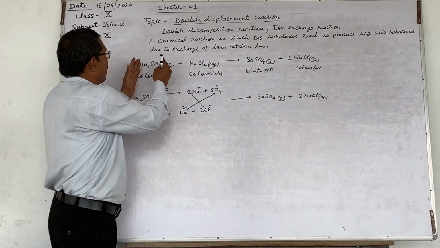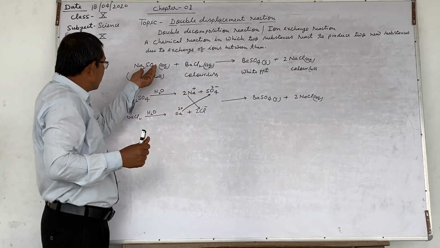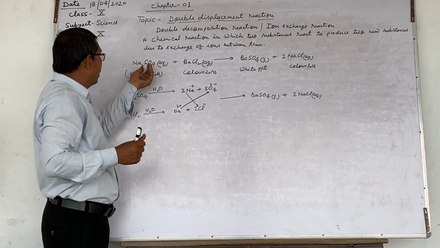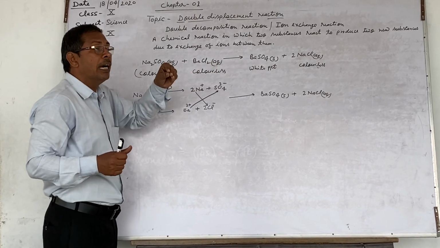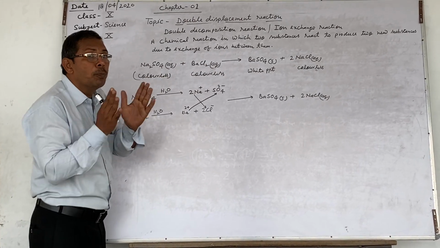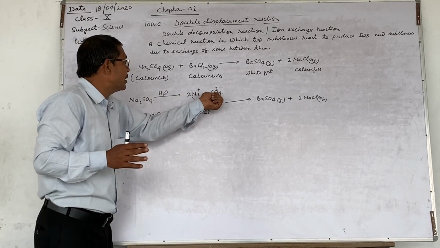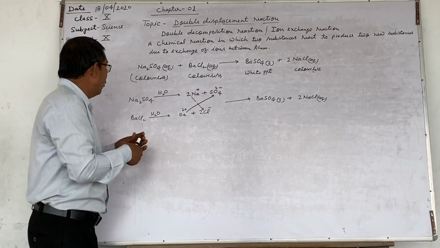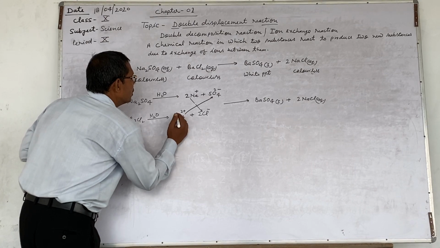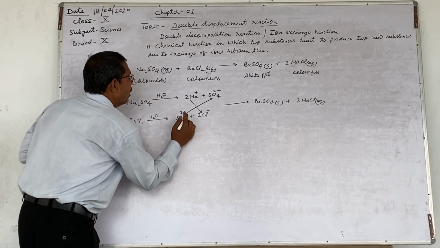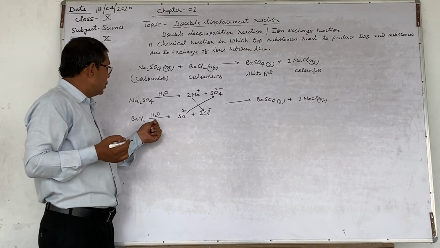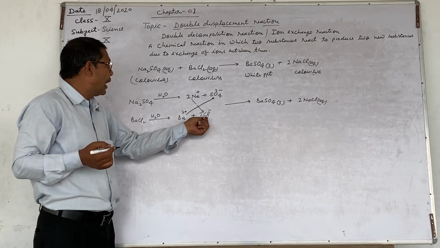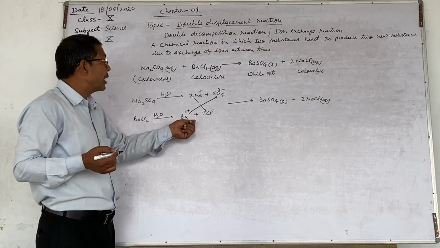Because of decomposition of the salts, sodium sulfate and barium chloride, when mixed with water, they decompose to produce sodium ion and sulfate ion. Here also barium chloride decomposes to produce barium ion and chloride ion when it is mixed in water.